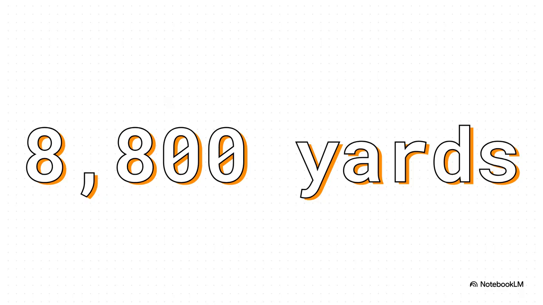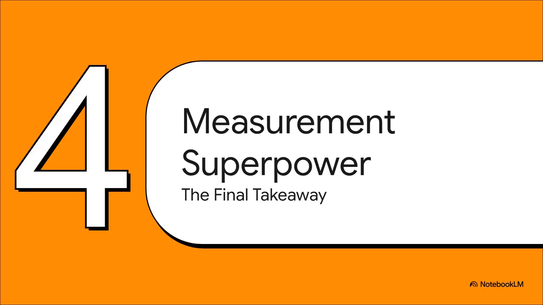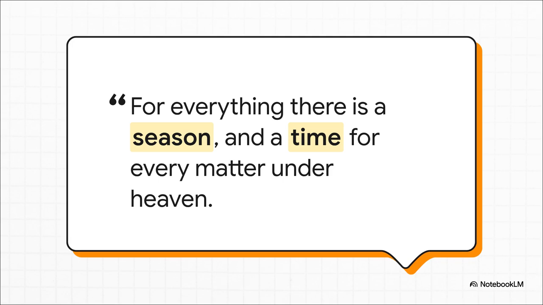It's that simple. And that really brings us to the big takeaway here. This isn't just about passing a math class. This is about giving yourself a practical, everyday superpower. Think about it this way. Just like time has its own system, seconds, minutes, hours, all our measurement systems have their own internal order too. And once you see that structure, you realize it's not chaotic at all.